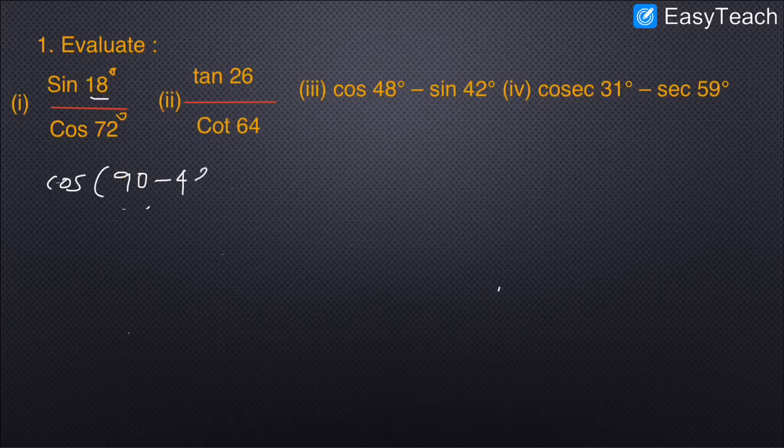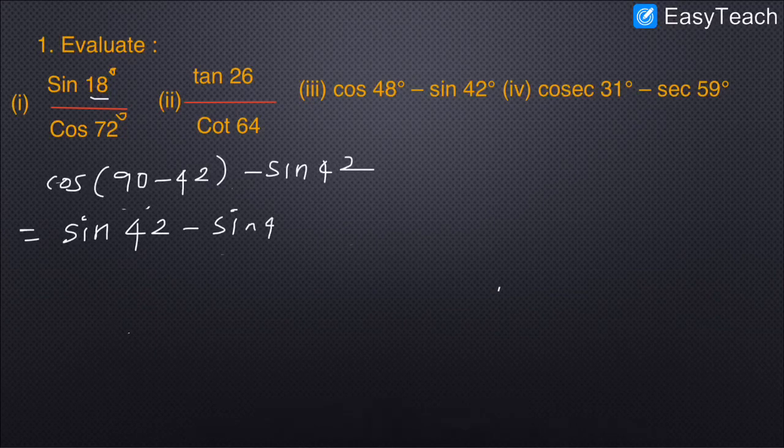Let's move on to the next question. Show that tan 48, tan 23, tan 42, tan 67 equals 1. See, I take tan 48 first. For tan 48, I write tan 90 minus 42.